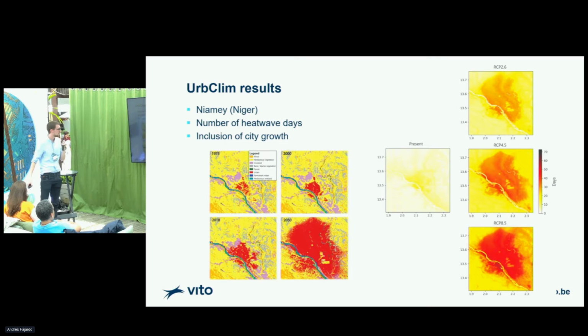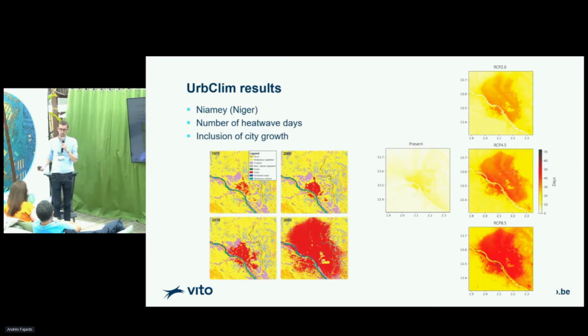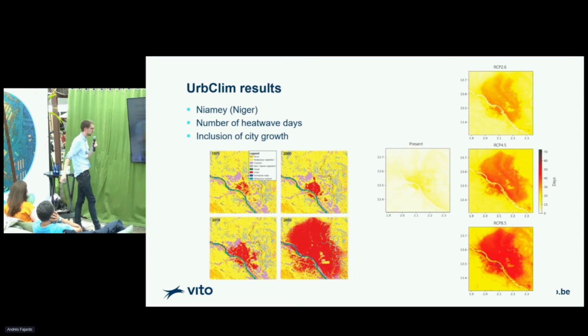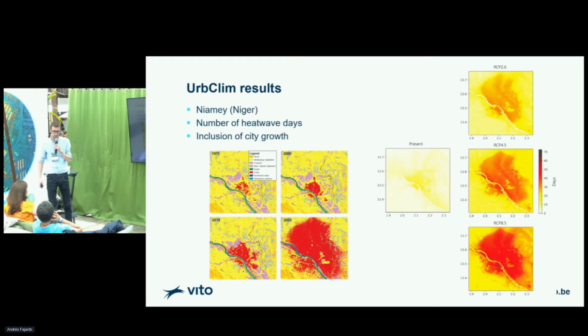Here is a last result that I want to show about this modeling. This is for the city of Niamey, which is the capital of Niger. In this one, we also took into account the growth of the city. There is a huge population expansion expected in the city, which is shown here. This is the present day situation, and this on the right is probably the city extent in 2050.